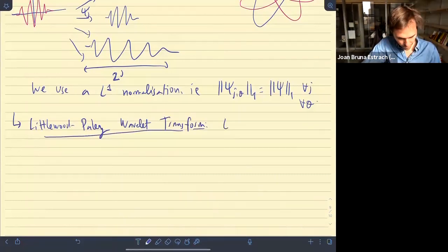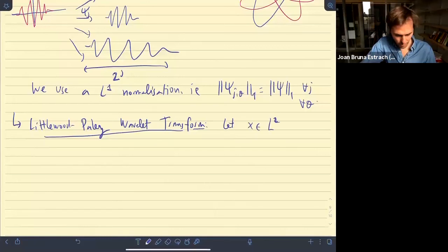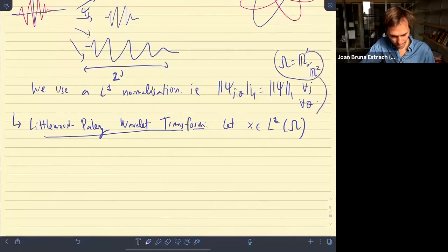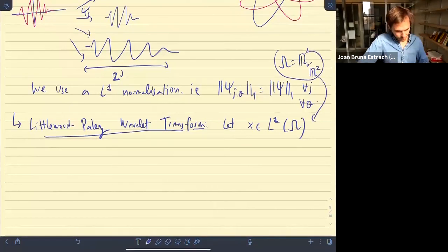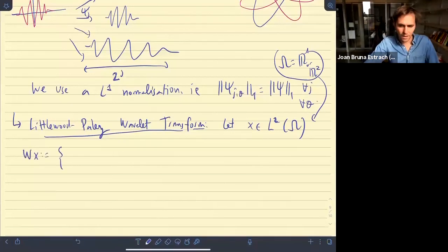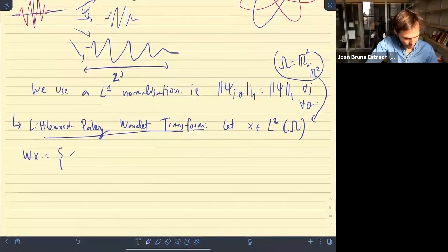Which is for x that is an input that is square integrable in our domain. So remember that this is either R1 or R2, right? We define the wavelet representation as the collection.